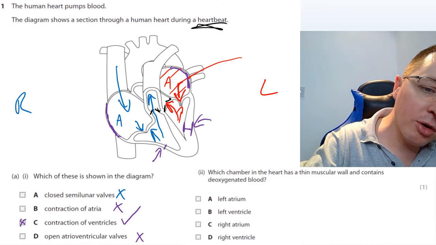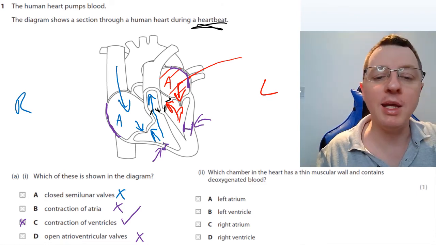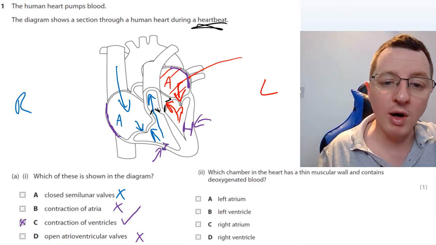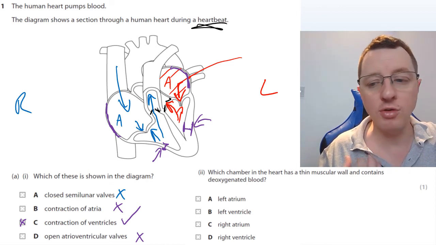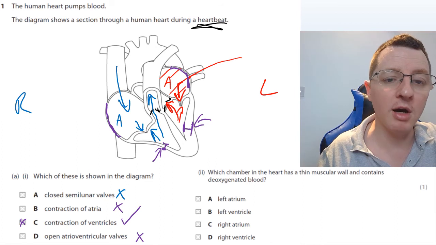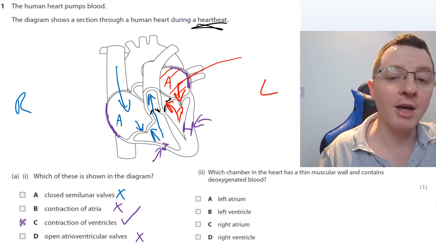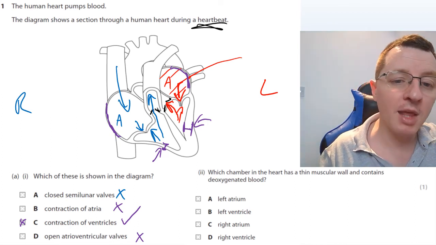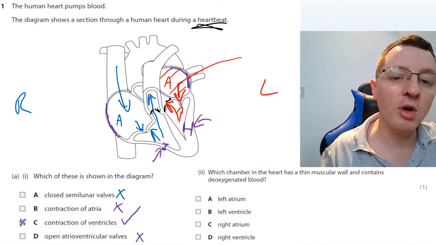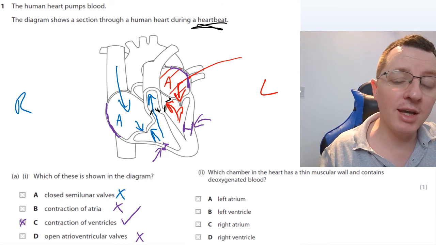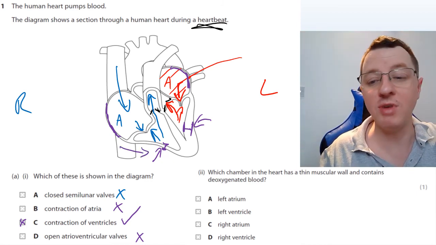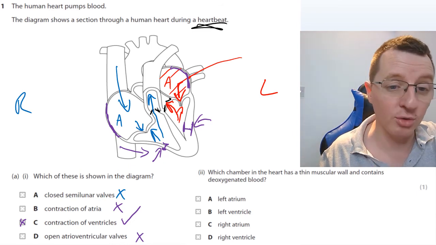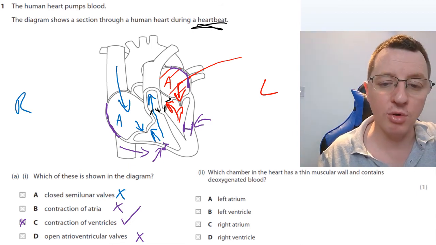Next thickest, although much thinner, will be the muscle walls in the right ventricle, and they have to create pressure to send the blood to the lungs through the pulmonary artery, but of course the lungs are much closer, so you don't need as much pressure as you need to send the blood around the body. And then the very thinnest walls come from the atriums. Now the atriums only have to send the blood from the atriums into the ventricles, and that's not a very far distance at all. So they have the thinnest walls.